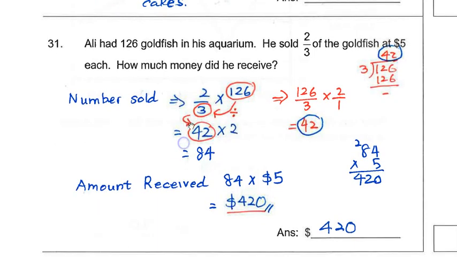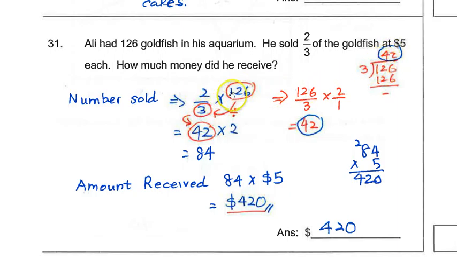Ali had 126 goldfish in his aquarium. He sold 2/3 of the goldfish at $5 each. How much money did he receive? So number sold, 2/3 of 126. So you take 2/3 times 126. Straight away what you can do is take 126 divided by 3, which I did here. 126 divided by 3 is 42.